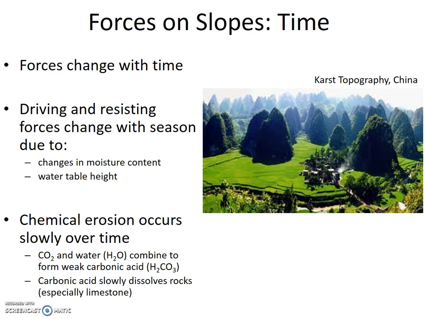Carbon dioxide and water combine to form weak carbonic acid, which slowly dissolves rocks, especially limestone. The image shows highly eroded karst topography in China. All the rock that used to be between the cute tree-covered mounds has been slowly dissolved and washed away by carbonic acid. These remaining steep hills are prone to the landslide hazard.